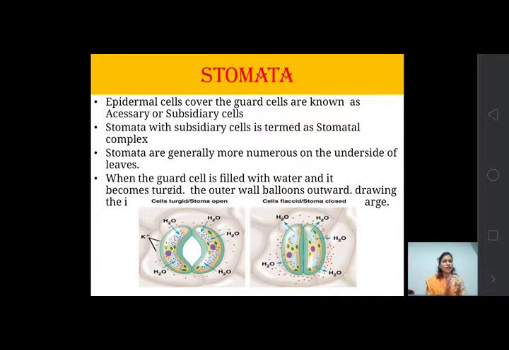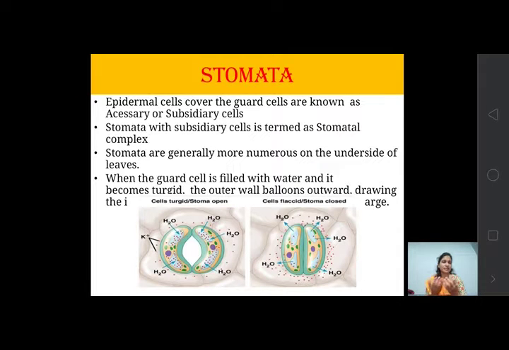So what is the mechanism behind the closing and opening of the stomata? You know that a guard cell consists of a nucleus, cytoplasm and chloroplasts, and it is filled with water.